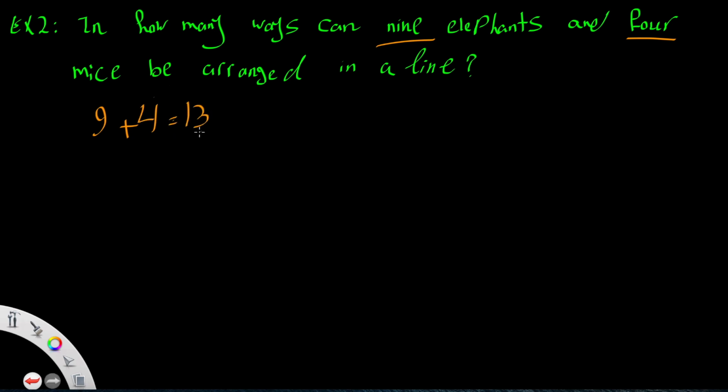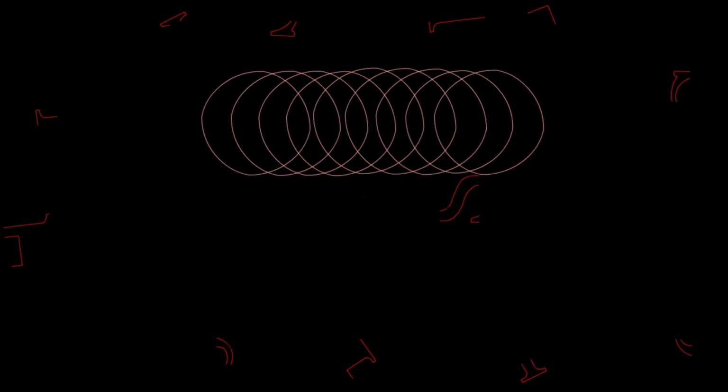So these 13 objects are going to be arranged in a line, which means 13 factorial is the answer. Or you can write 13P13, because 13 objects out of 13 objects are going to be selected to be arranged in a line. They both give you the same answer.